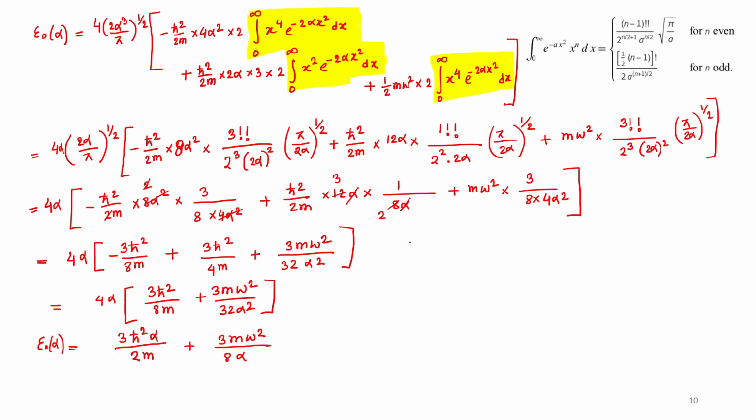So now we have to see for which value of alpha d epsilon by d alpha will be 0.